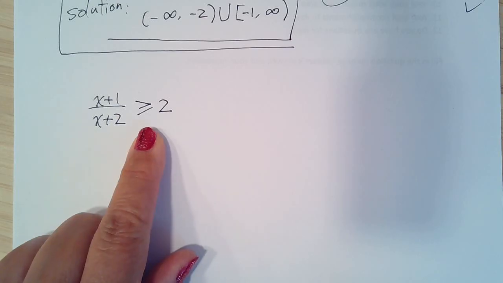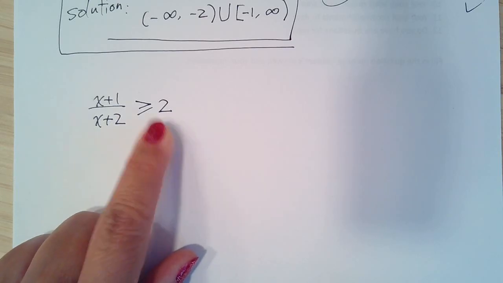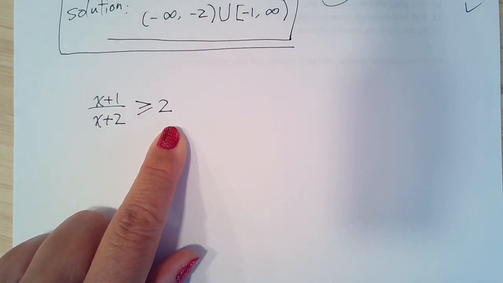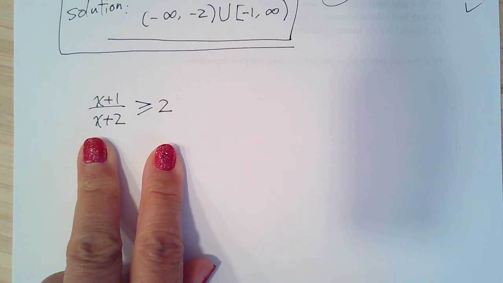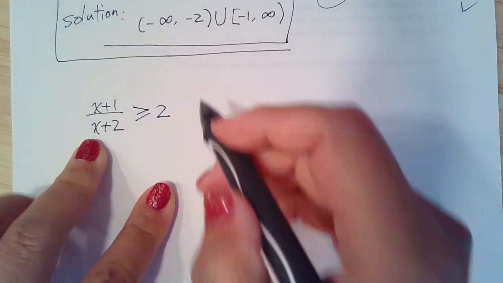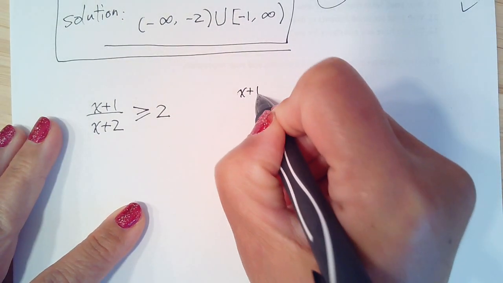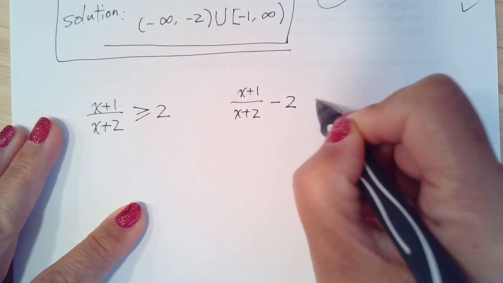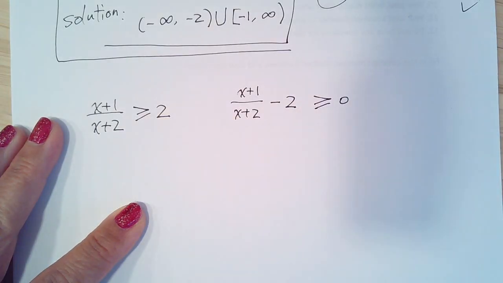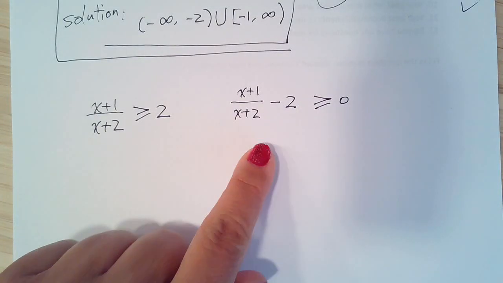The previous one is greater than or equal to 0, but now it's 2. If this is the situation, you have to subtract 2 from both sides because you really want to make your right side to be 0. So x plus 1 over x plus 2 minus 2 greater than or equal to 0. This is equivalent to that.